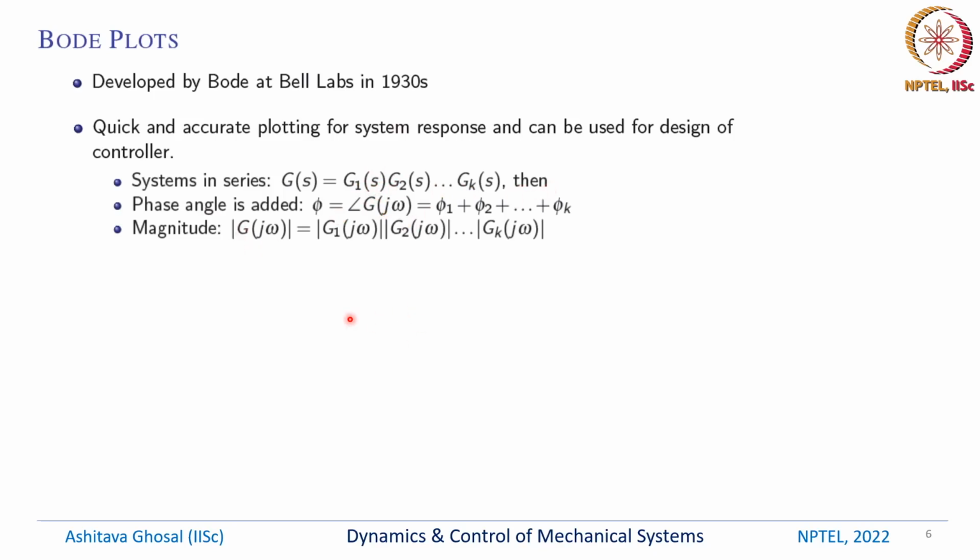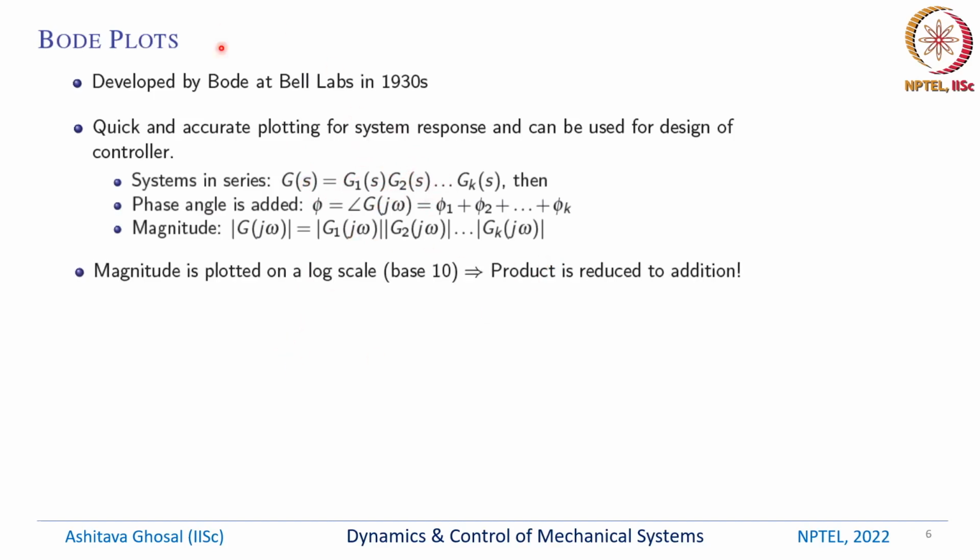Remember e to the power j phi: if you have products, then e to the power j phi 1 plus j phi 2 and so on. So the total phase angle will be the summation of each of these phase angles obtained from G1, G2 and so on. The magnitude is the product of the magnitudes: the magnitude of G1, times the magnitude of G2, and so on.